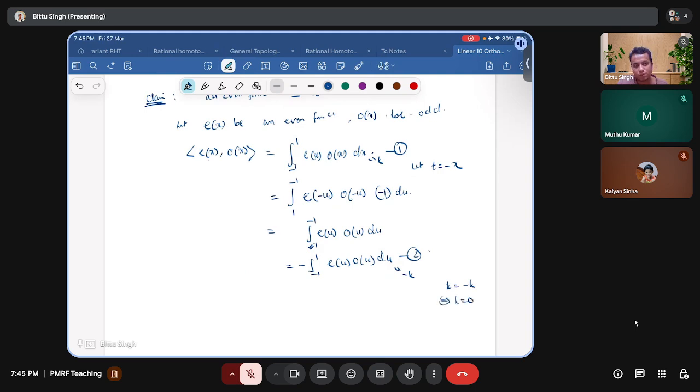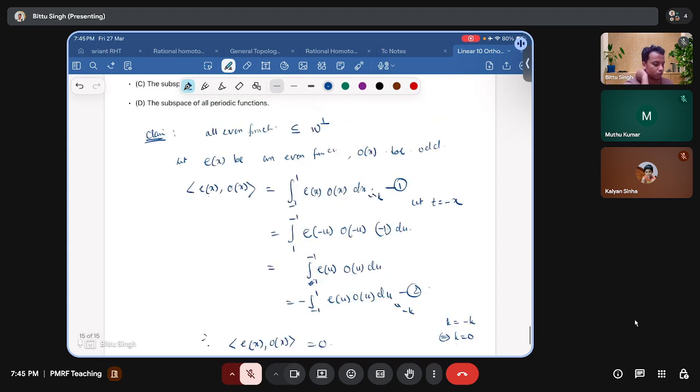That is, 2k equal to 0, and we are considering the field real or complex, so this is true if and only if k equal to 0. So from here, the conclusion is that 1 is 0 and 2 is 0, therefore this kind of inner product is 0.